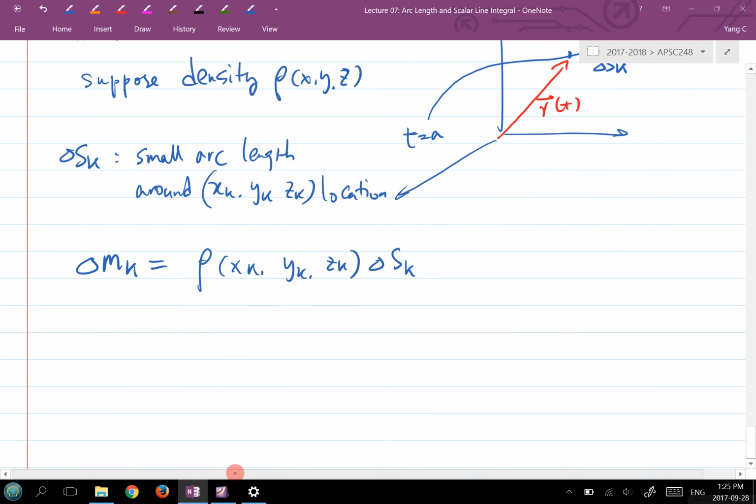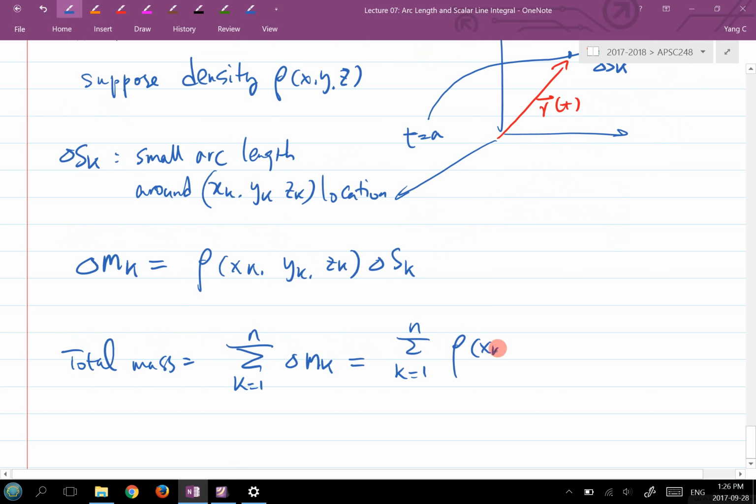Then the total mass is equal to the summation of all of the small mass segments. That's the total mass, and this is approximate. When you add them up, that's approximately your total mass.